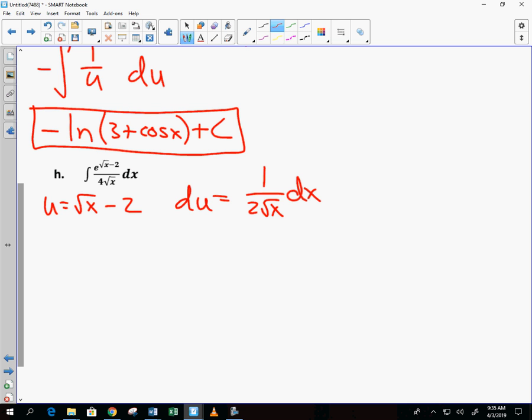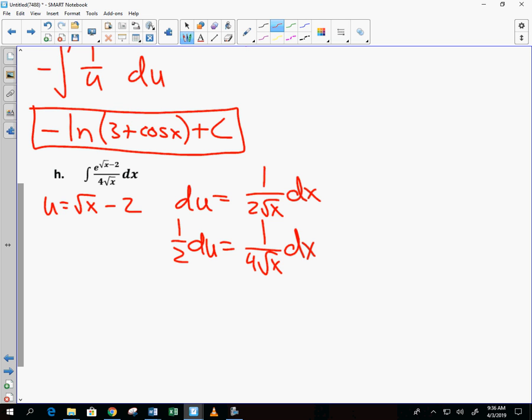Multiply by, not by 2, by 1/2. 1 over 2 du is equal to 1 over 4 roots of x dx. We there?